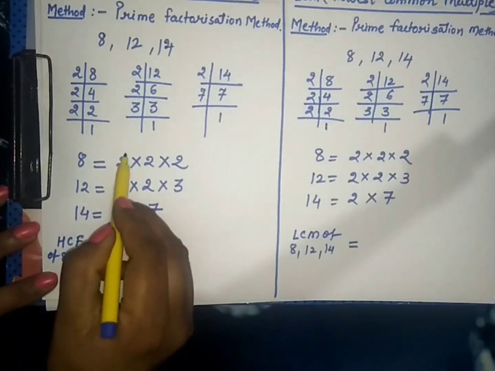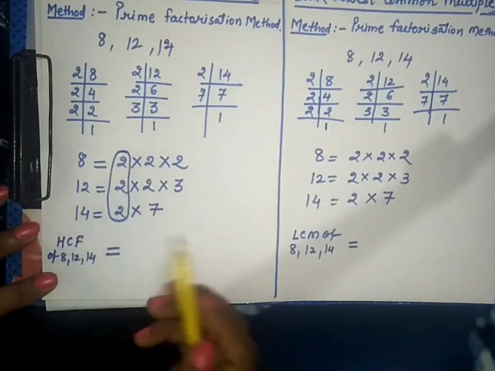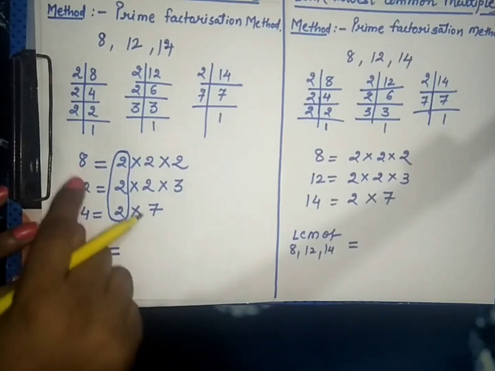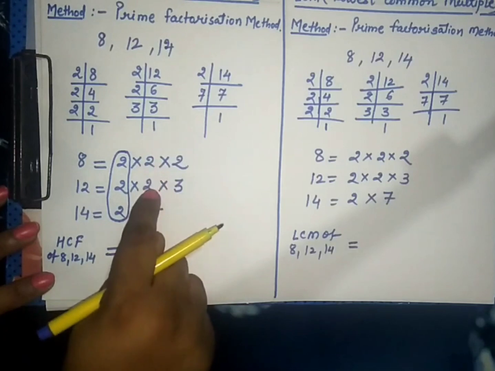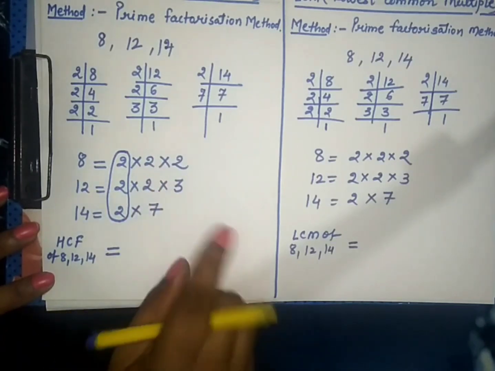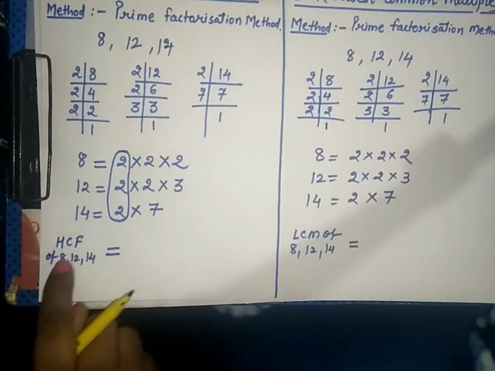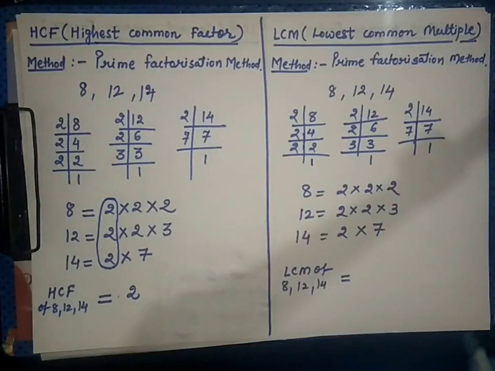If there is no common factor present in these three numbers, we will consider 1. But it is clear that 2 is the common factor present in 8, 12 and 14. We are not interested in any other factor which is present either in two numbers or in one number. So here 2, 3 and 7 are not considered as a common factor. So here HCF of 8, 12 and 14 is 2.